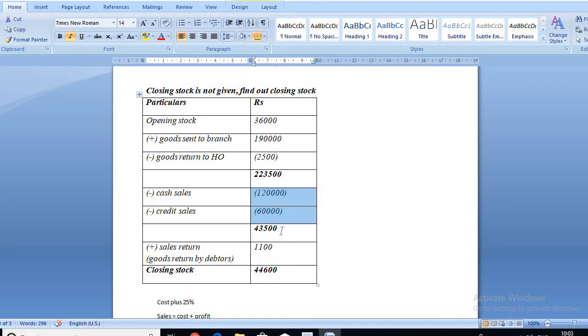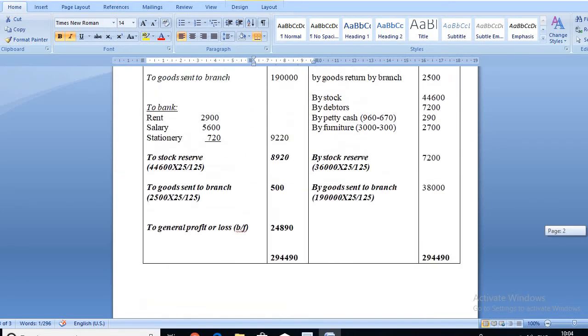Now the value of stock is 43,500. To this we should add sales return, because when goods were returned, we should increase the value of stock. Now the closing stock will be 44,600.